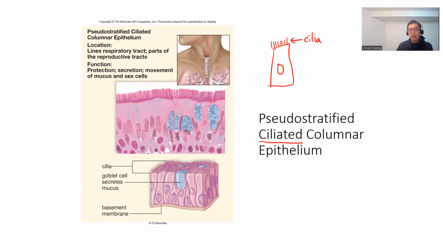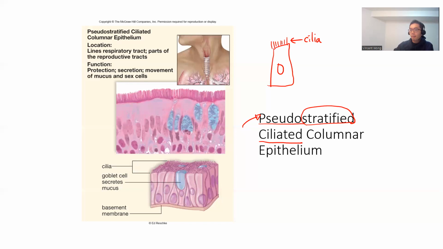Now, there is another adjective here that's a little bit strange. It's called pseudostratified. Stratified is multiple layers. Does anybody know what pseudo means? What does it mean when someone uses a pseudonym? Pseudo.